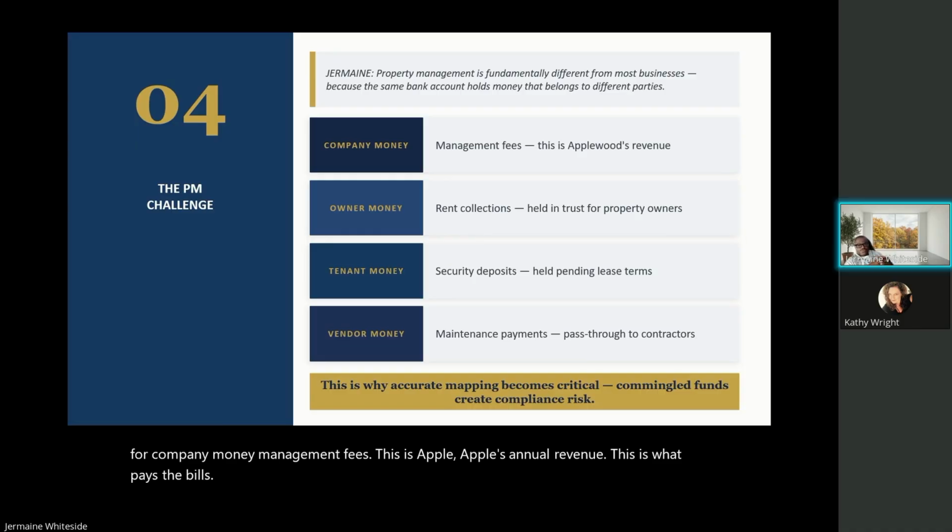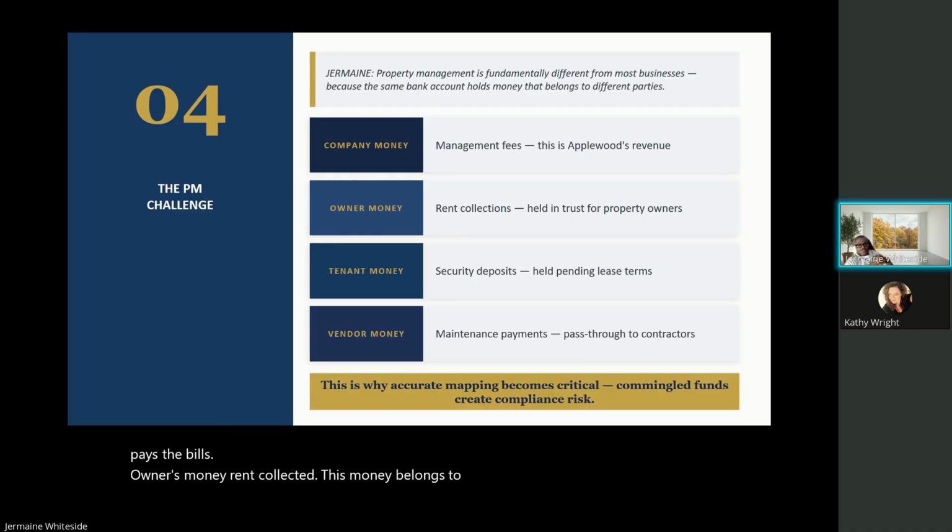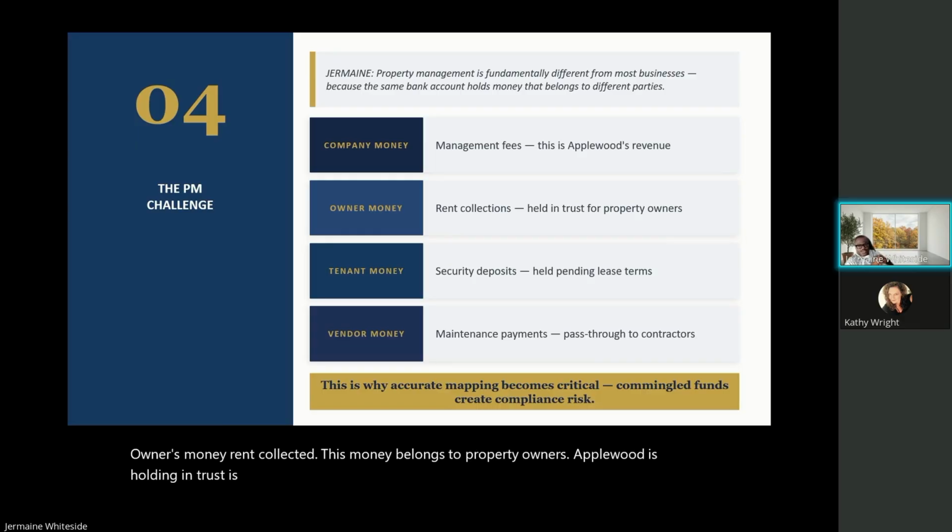This money belongs to property owners. Applewood is holding it in trust. It's not income. Tenant money, security deposits, held pending the terms of the lease. This is a liability, not revenue. Maintenance, vendor money, maintenance payments collected through pass-through to contractors, never Applewood money.